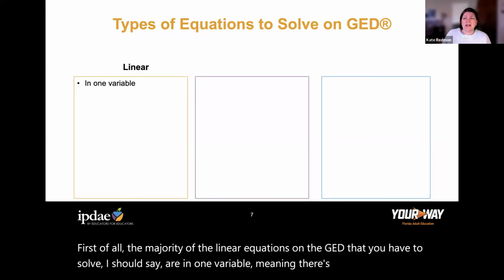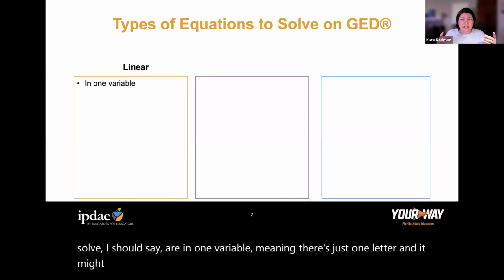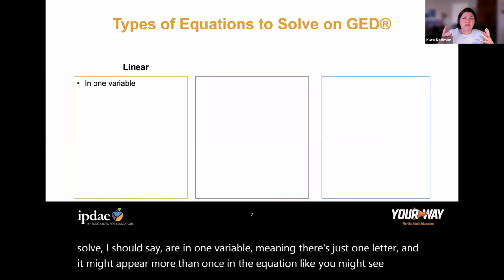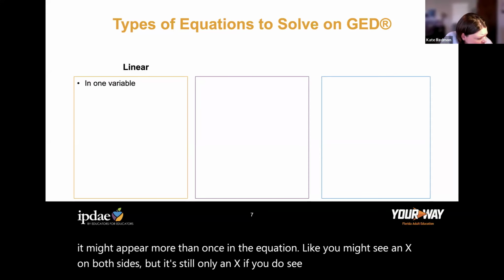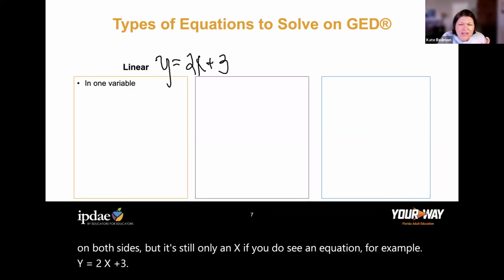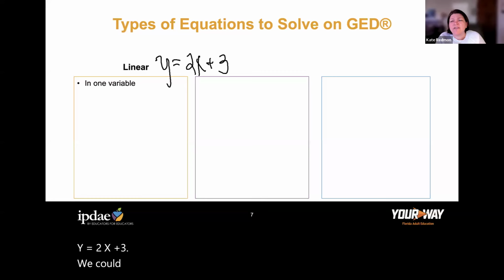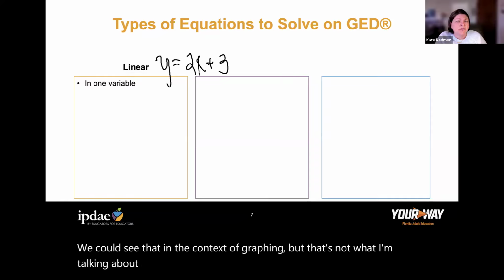And it might appear more than once in the equation, like you might see an x on both sides, but it's still only an x. If you do see an equation, for example, y equals 2x plus 3, we could see that in the context of graphing, but that's not what I'm talking about today.